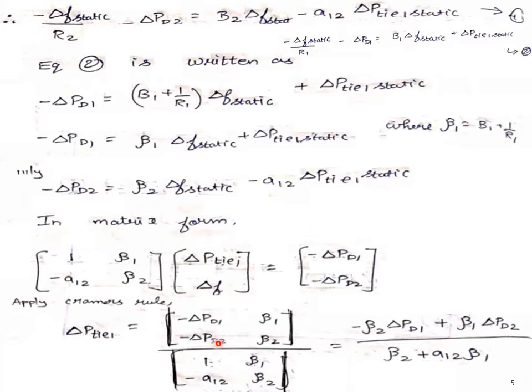So this is our Cramer's rule: you replace the first column with this term and take the determinant, divided by this whole determinant. So this is the value from Cramer's rule.